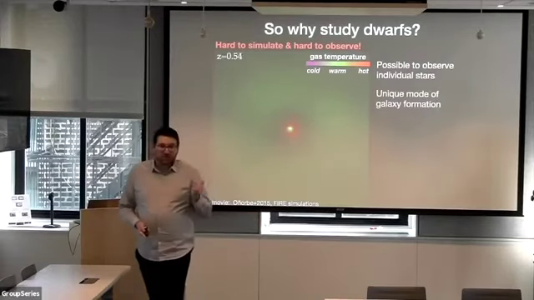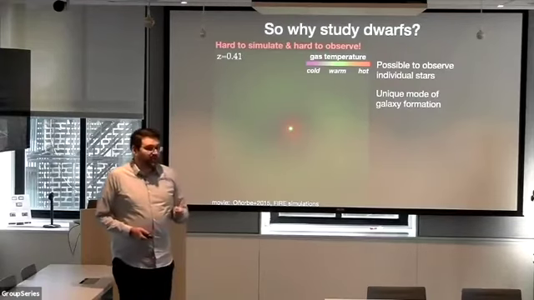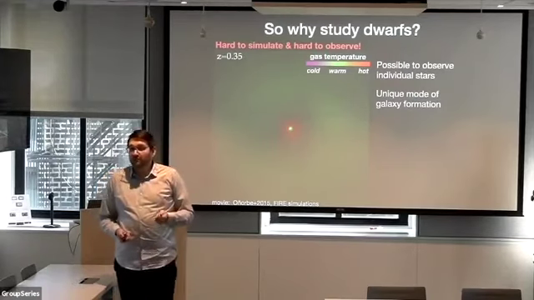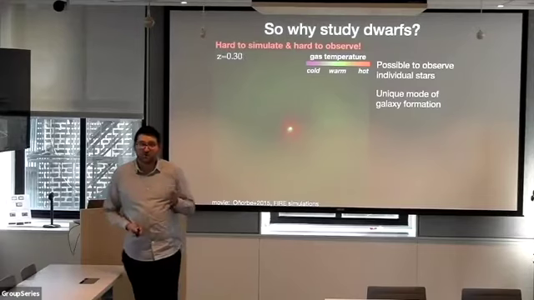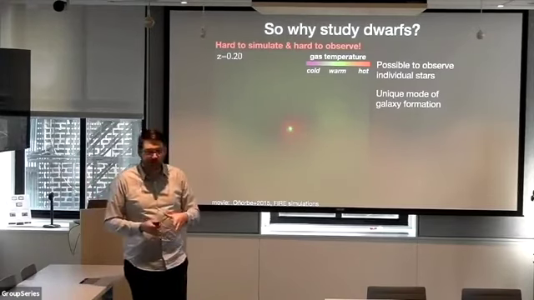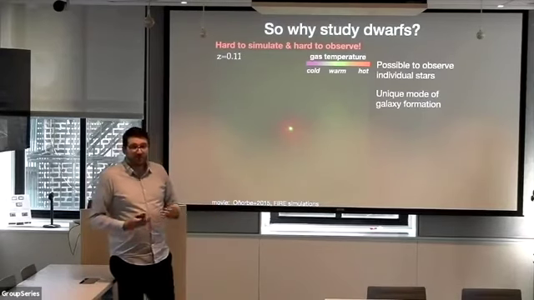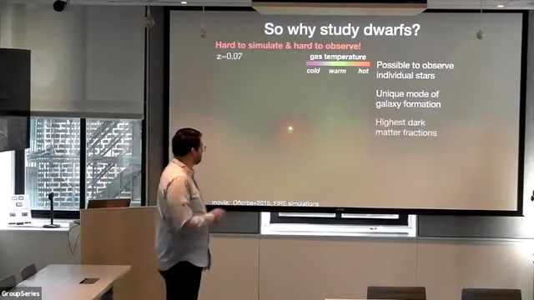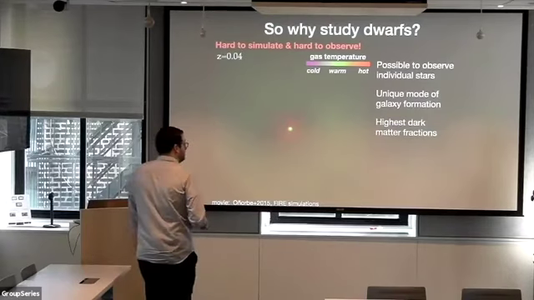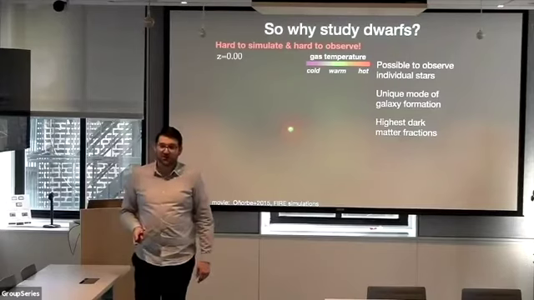As I talked to you about, and as this movie is showing you as well, dwarf galaxies comprise a unique mode of galaxy formation. Because they have such shallow potential wells, you get this blowout reaccretion cycle that you don't really get on such large scales in Milky Way mass galaxies. I haven't shown you this, but dwarf galaxies also have the highest dark matter fractions of any objects in the universe.